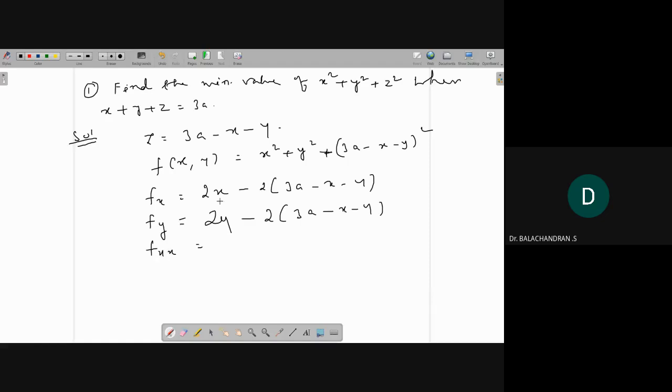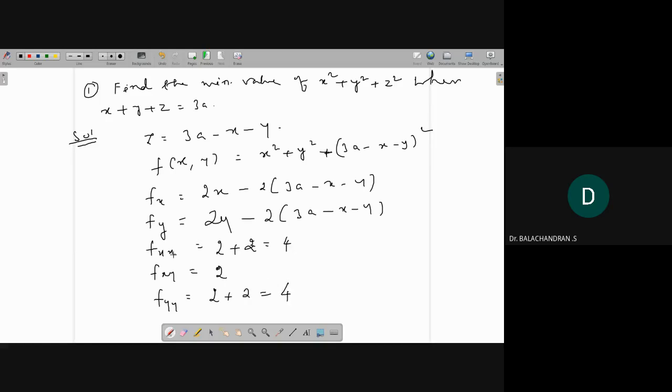Fxx is 2 plus 2, which is 4. Fxy is 2. Fyy is 2 plus 2, so we get 4.